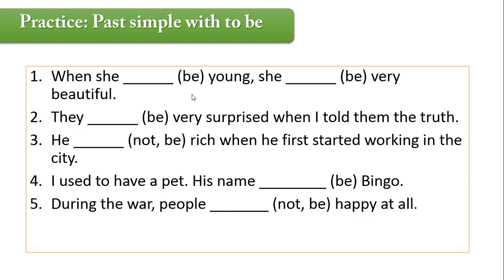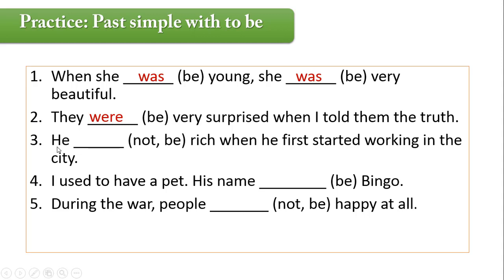Number 1, she. It is a singular subject, so the answer for this is was. Then the next one, she. Again, that is a singular subject, so the answer is was again. But number 2, we have the word they, plural subject, so the answer must be were.